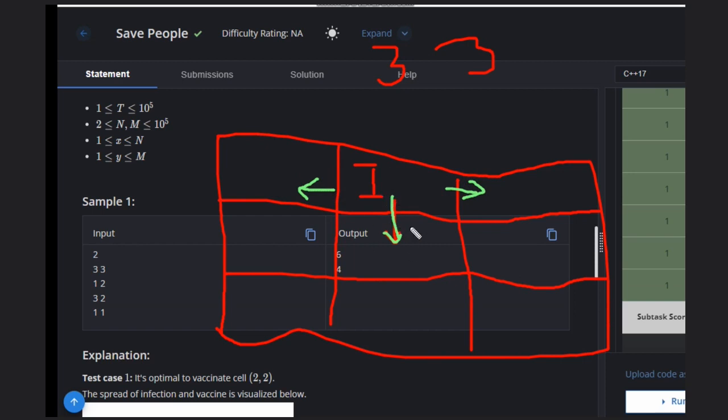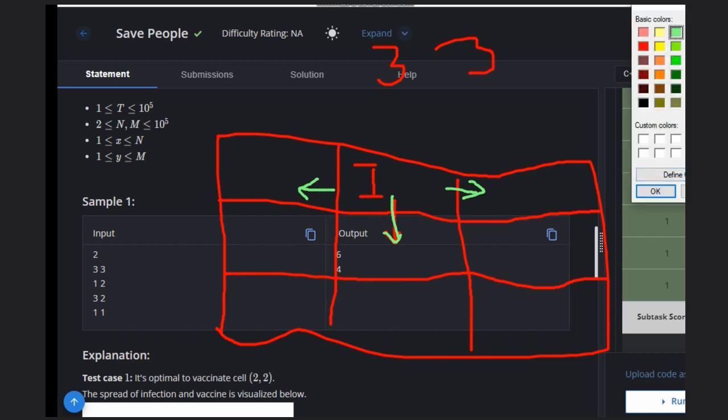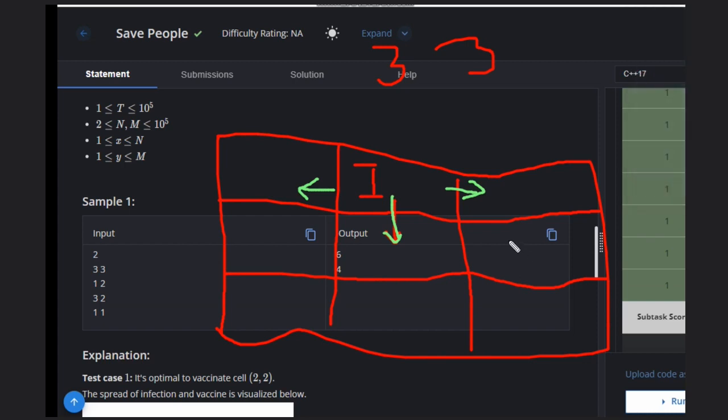But we need to restrict this movement. So let's suppose we place the vaccinated cell at this location. So the vaccination will happen like this. The infected cell will spread like this one, and then this one, till the vaccinated cell comes at this point or this point, and it will spread here or here.